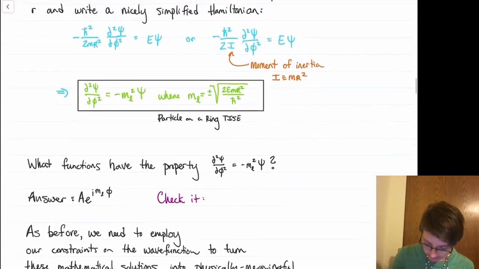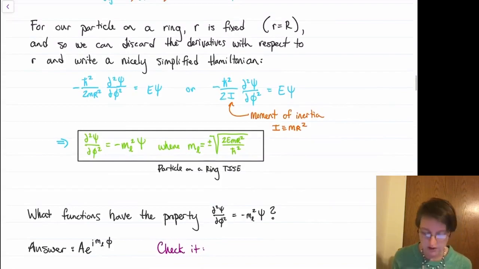And we should ask ourselves, what functions would best fit this type of problem? We're looking for something where the second derivative is equal to negative the constant squared times psi. And I would contend that just like in the particle in a box, there's two functions that I know about where the function is equal to its own second derivative.